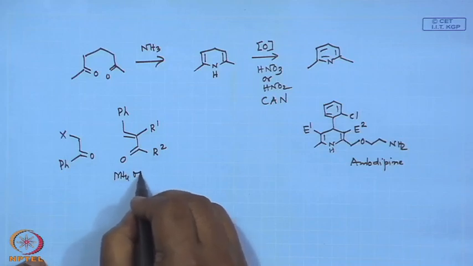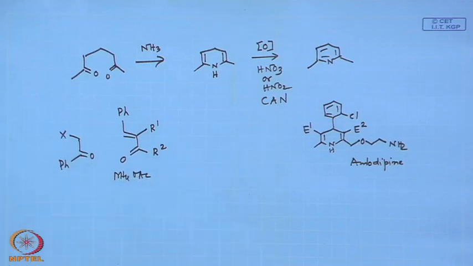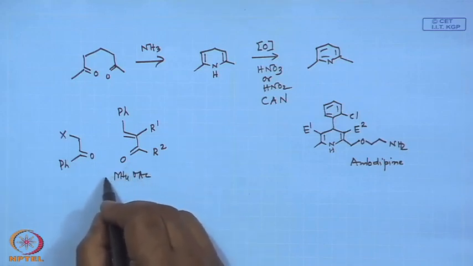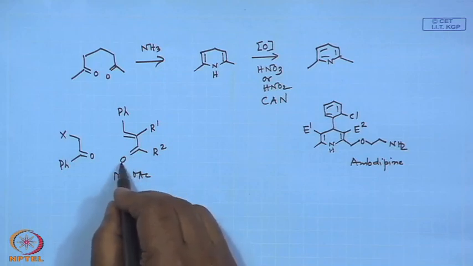By the way, in this case ammonium acetate is nothing but a source of ammonia. So, first it converts to ammonia, then the carbonyl is converted to this imine, okay.